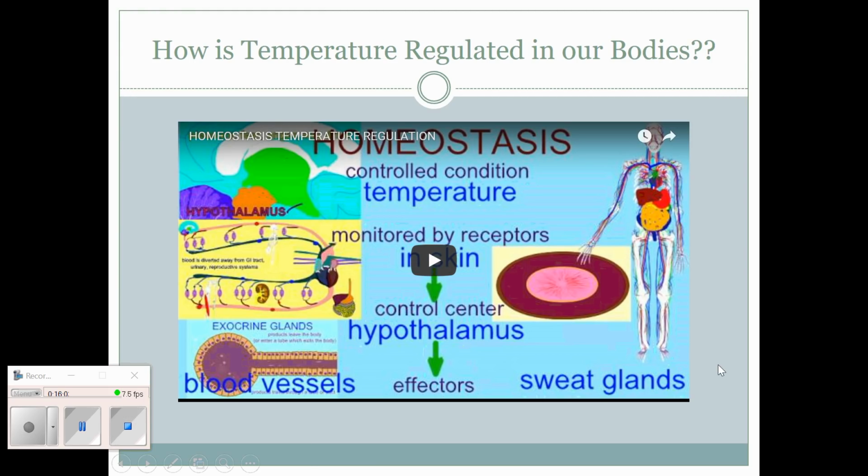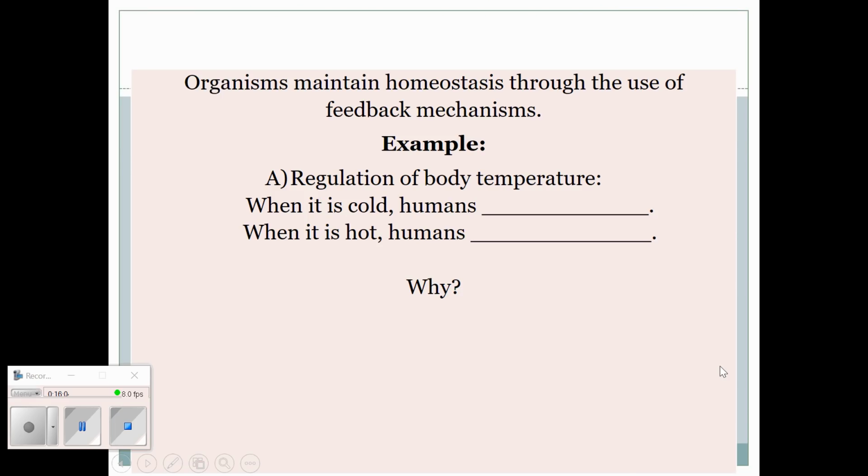Okay? So, for example, when your body is cold, what do you do? When your body is hot, what do you do? Of course, when you're cold, you shiver, and when you're hot, you sweat.